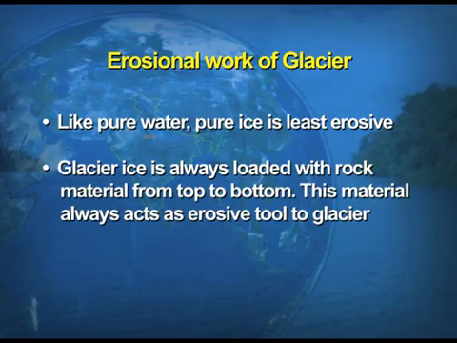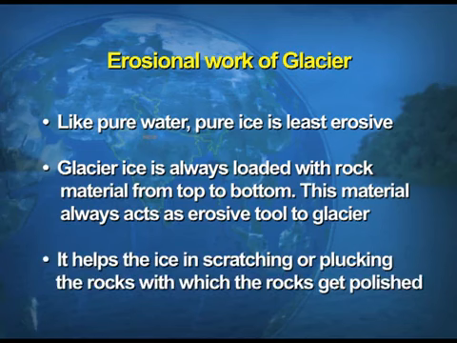Glacier ice is always loaded with rock material from top to bottom. So, this material always acts as an erosive tool for the glacier. It helps the ice in scratching or plucking the rocks, with which the rocks get polished.